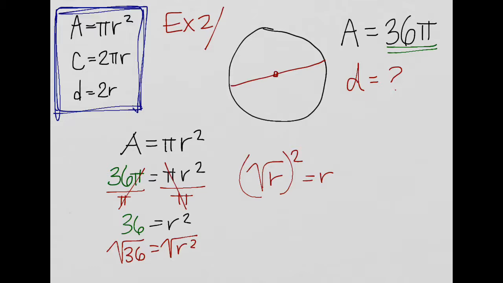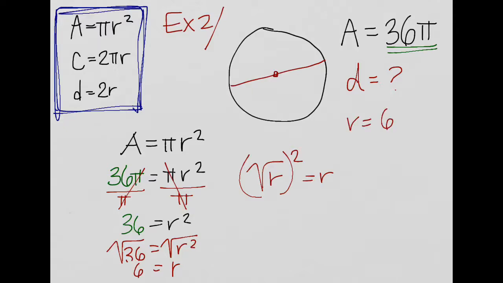So we will be left with the radius equals, and again we're talking about plus or minus. For our purposes, if it's distance, it's some length for a circle, you have to be able to measure it, so we can eliminate our negative value. It's never going to be negative for distance, okay? So our radius has to be 6. Okay, great, radius is 6.